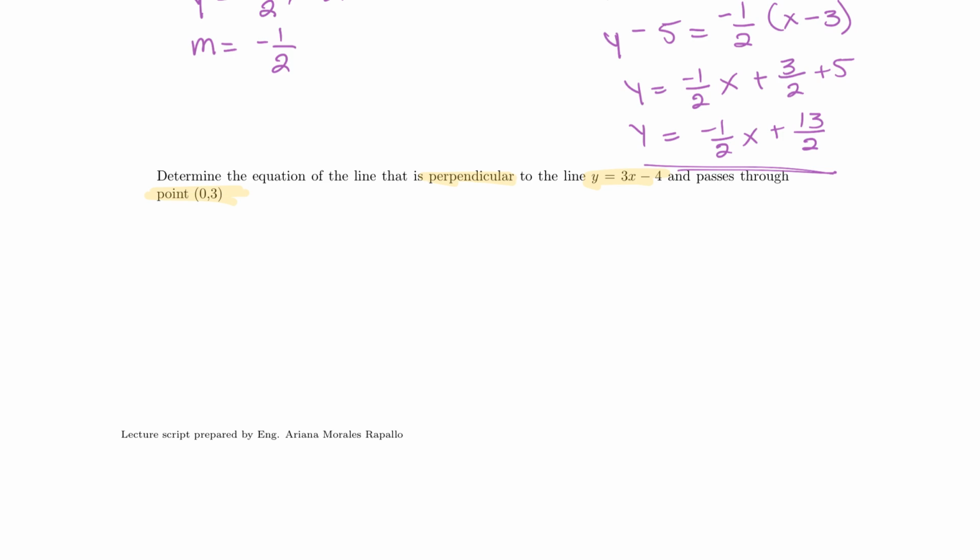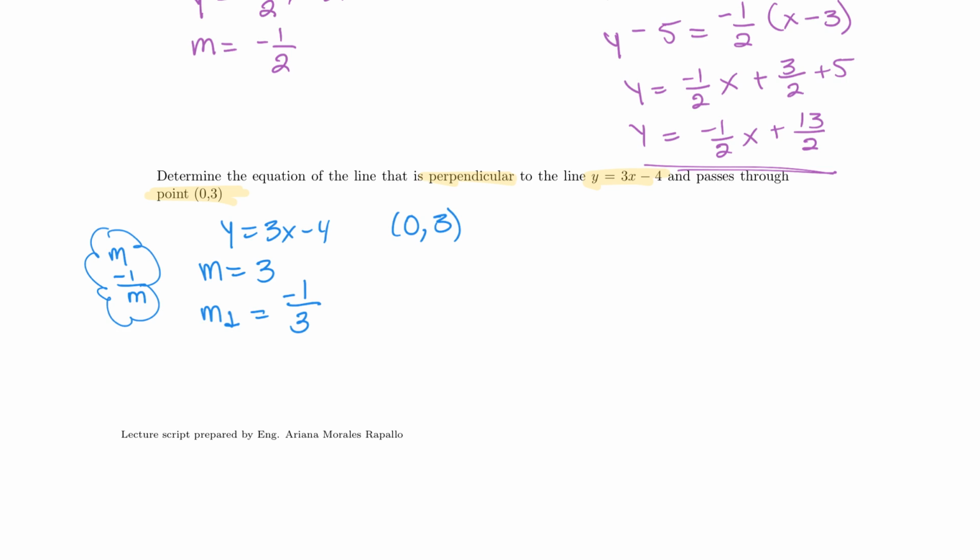Let's write down what we have. y equals 3x minus 4, and it has to pass through (0, 3). What is the slope? m is equal to 3. But we are asked to get the perpendicular. So the perpendicular slope should be minus 1/3. Remember that it should be m and minus 1 over m for these two to be perpendicular.